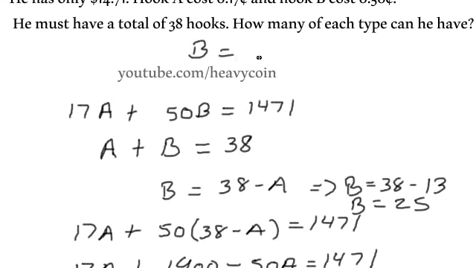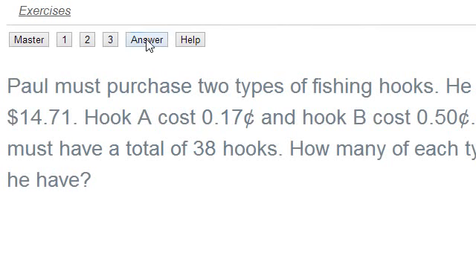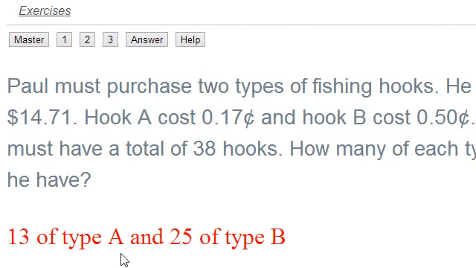That's what we can purchase with the money that we have, subject to our constraint that we have 38 hooks. And of course this comes from my web page, 13 of type A and 25 of type B.